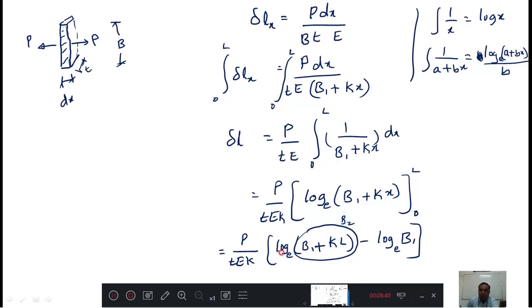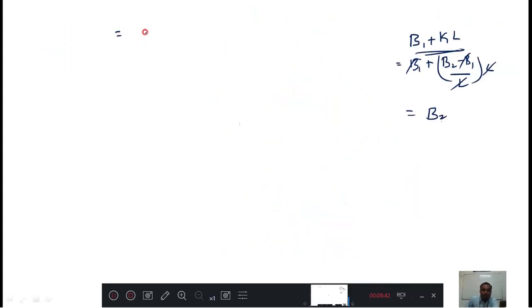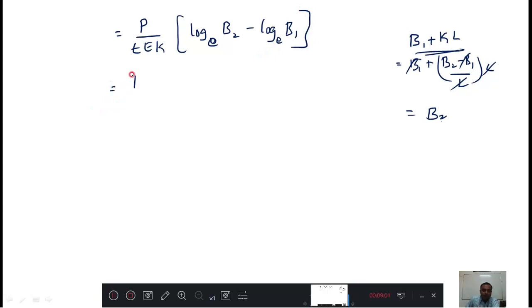Therefore this expression becomes P by TEK into log base e of B2 minus log base e of B1. This becomes P by TEK into log base e of B2 by B1, by the logarithmic property.